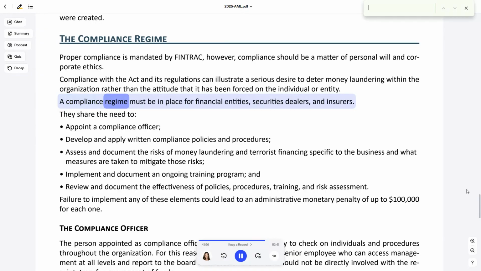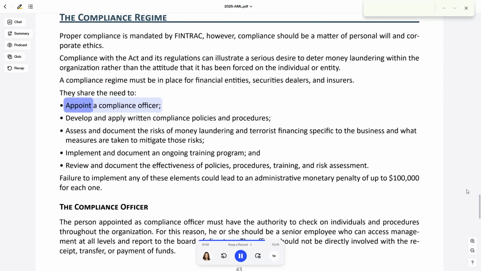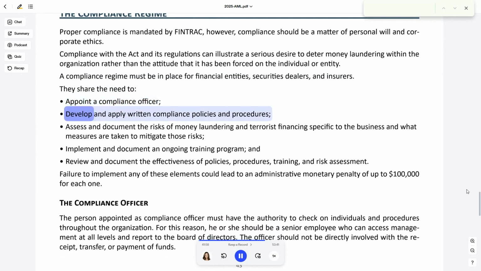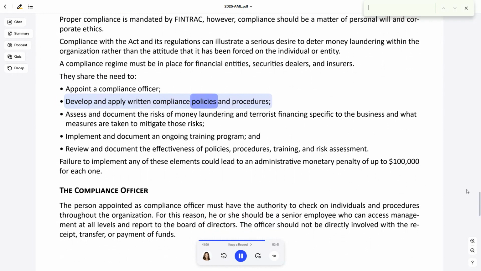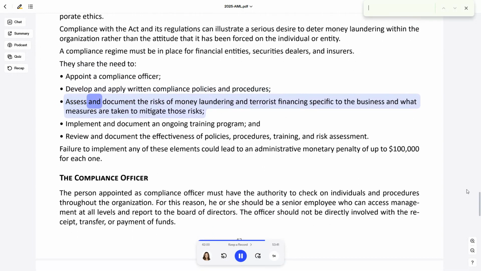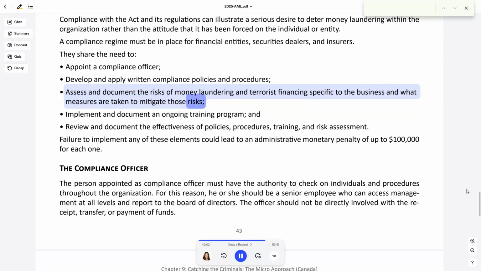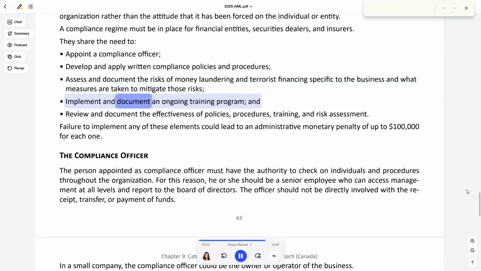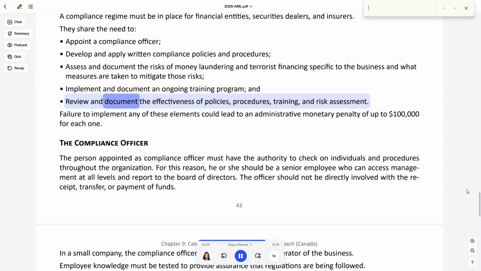A compliance regime must be in place for financial entities, securities dealers, and insurers. They share the need to appoint a compliance officer, develop and apply written compliance policies and procedures, assess and document the risks of money laundering and terrorist financing specific to the business and what measures are taken to mitigate those risks, implement and document an ongoing training program, and review and document the effectiveness of policies, procedures, training, and risk assessment.